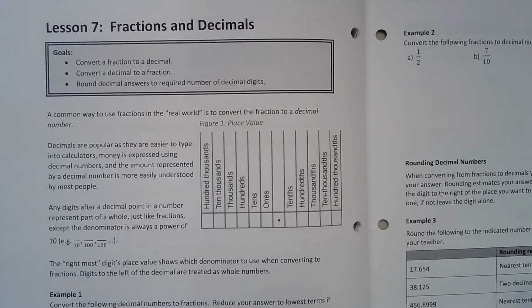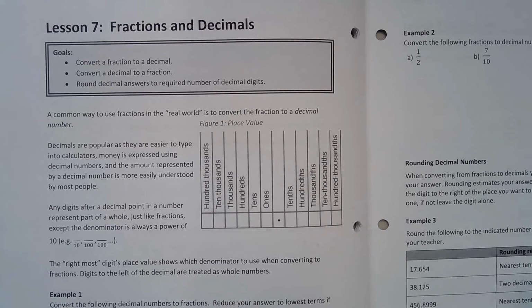We are going to be using calculators more for this little section. Some fractions become really nice decimal numbers. They terminate, they end, we don't have to round. Some fractions, though, like 1 divided by 3, represent the decimal number 0.333 repeating, and the 3 goes on and on.